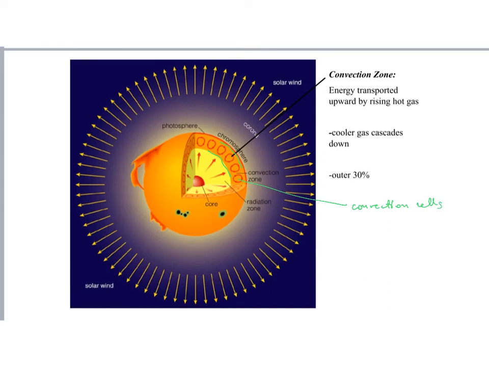And this is what happens, this transport of energy that basically means there is some upward rising of the hot gas and downward falling of the cool gas. The cool gas cascades down. All right, so it makes up for about 30% of the outer layer of whatever is interior to the photosphere.